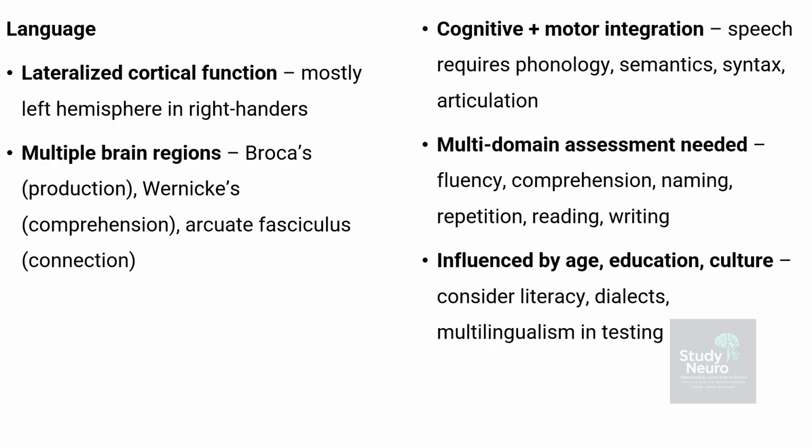Finally, it's important to remember that language performance is shaped by factors such as age, education, cultural background, and multilingual ability. These must always be considered to avoid misinterpreting normal variation as pathology.